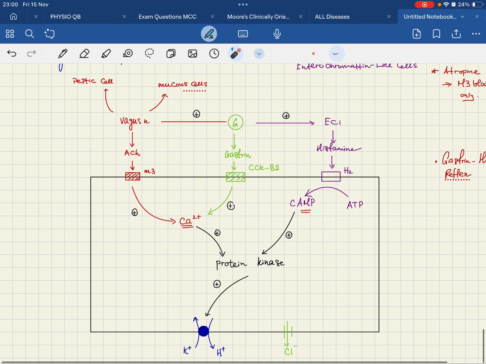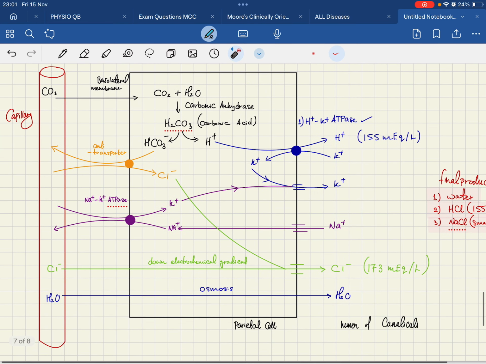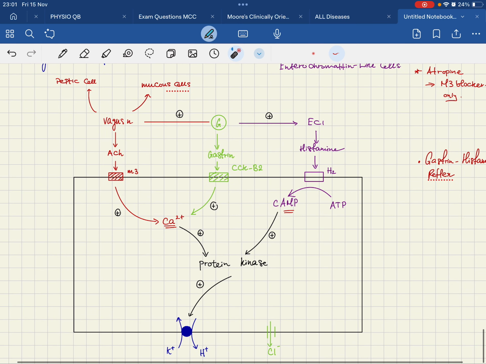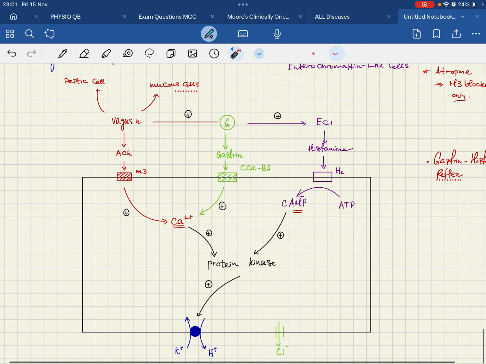And what does this do? It will increase the secretion of H plus. And what did we say here? H plus is the rate limiting reagent. So as we increase the secretion of H plus, we will increase the secretion of HCl. So I hope this is clear.